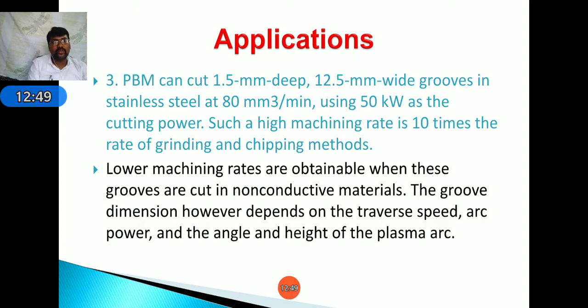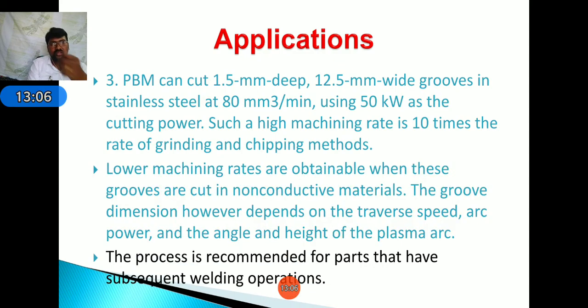Next, lower machining rates are obtainable when grooves are cut in non-conductive materials. Therefore, the groove dimensions depend on the travel speed, power, angle, and height of the plasma. Next, the process is recommended for parts that have subsequent welding operations.